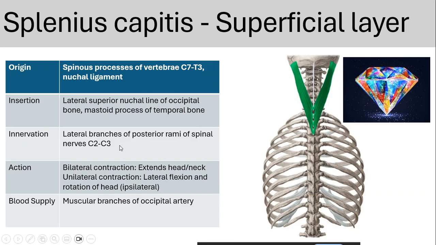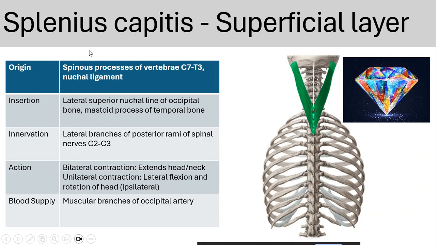Innervation: lateral branches of posterior rami of spinal nerves C2, C3, right? Action: bilateral contraction extends head and neck; unilateral contraction, lateral flexion and rotation of the head. So bilateral contraction, unilateral contraction, and rotation of the head ipsilateral, right? Blood supply: muscular branches of occipital artery.